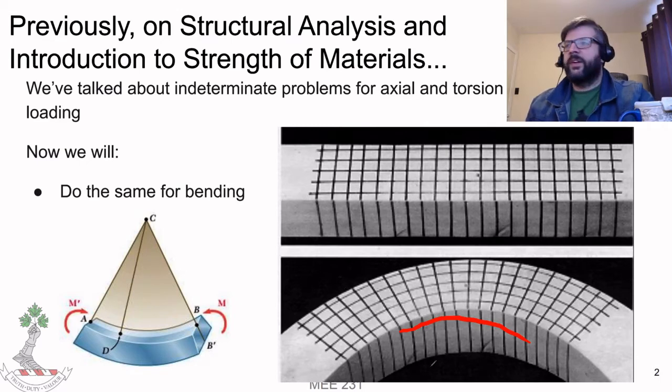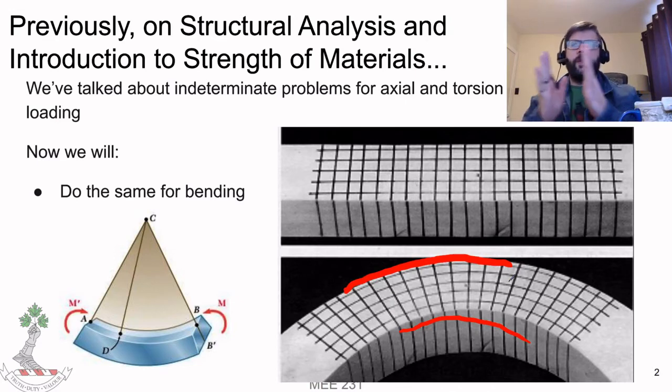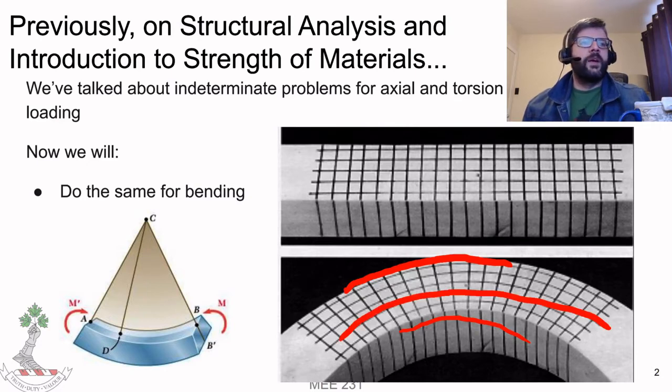That's on the inside of the curve. Whereas on the outside of the curve, they're going to have to get bigger. So it spreads out on the outside, squeezes in on the inside, and then there's going to be what we call a neutral axis somewhere in the middle where the line length stays the same.